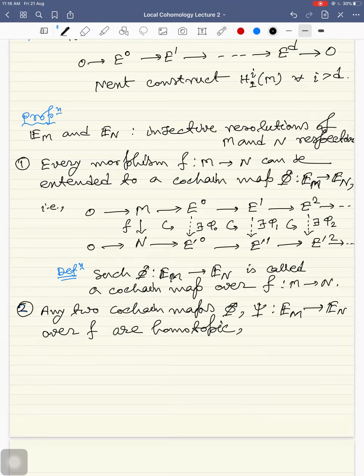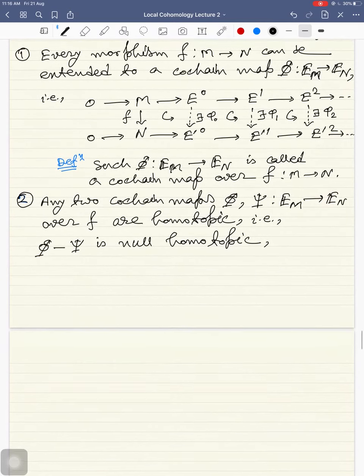What I mean by that is their difference is null homotopic. And I should recall what is null homotopic.